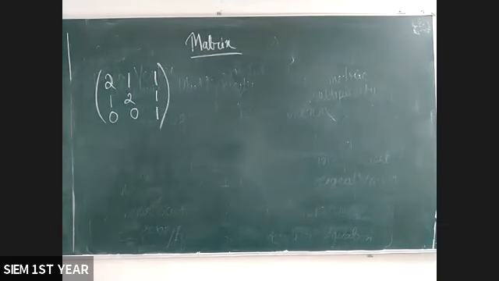So student, you have to solve this problem with me. The question is: find the eigenvalues and corresponding eigenvectors of the matrix. Sometimes only eigenvalues are asked in your question, so then only consider the portion of eigenvalues.